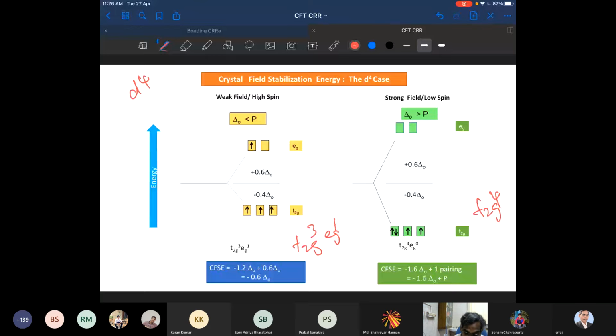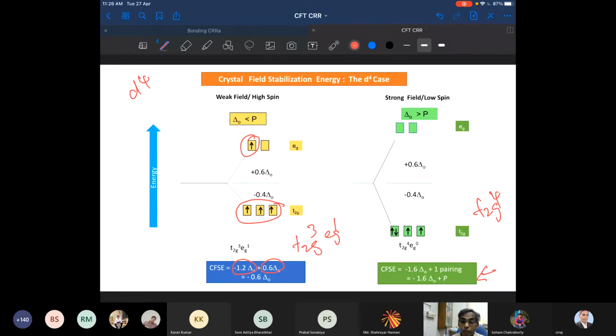Now, what we have here is minus 1.2 delta O plus 0.6 delta O, that is one electron is here. Here is 3, 3 into minus 0.4, so you have totally got minus 0.6 delta O. On the other hand, here you have minus 1.6 delta O plus one pairing energy.